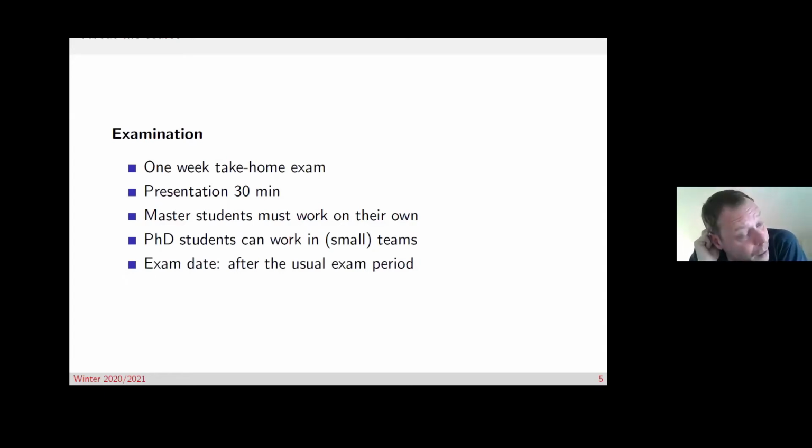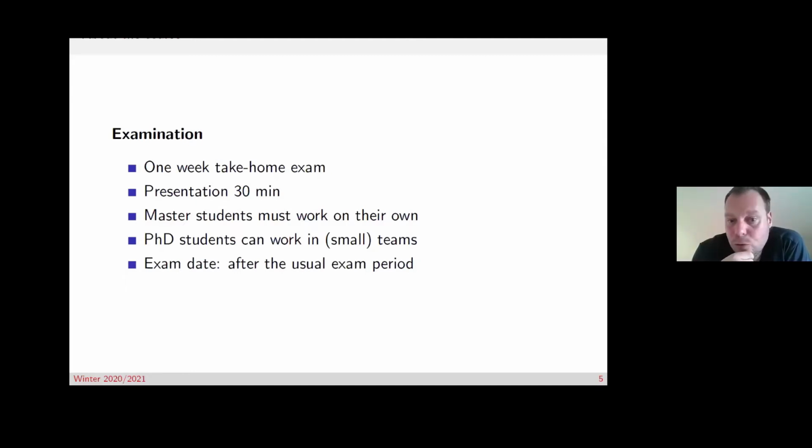So what we did up to the last cycles is that people got a take-home exam, and they had 1 week to solve it. Basically it was an extended exercise, and people had to structure the problem and solve it numerically, and then after this week present it to us in a 30 minute frame.